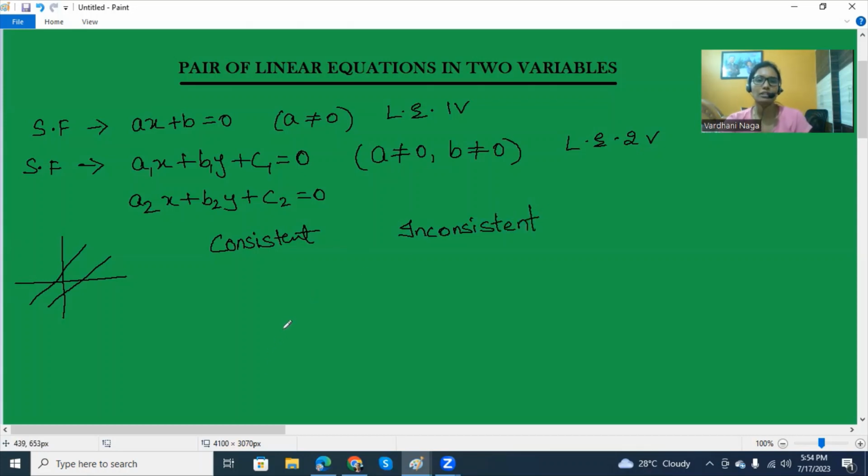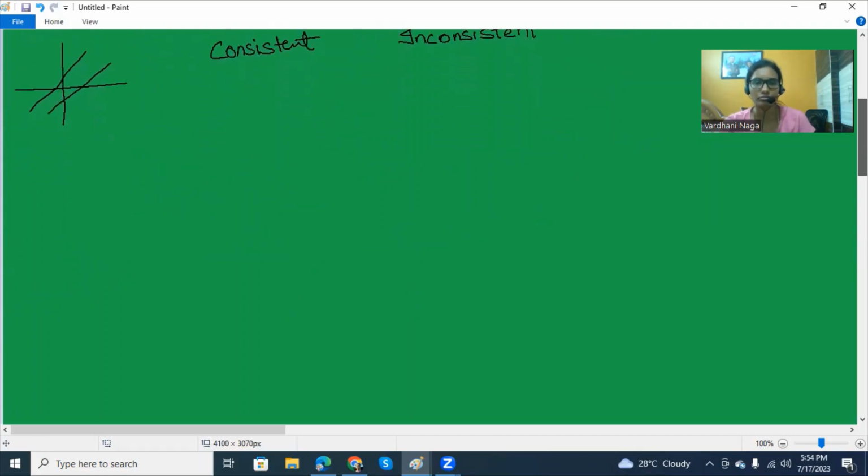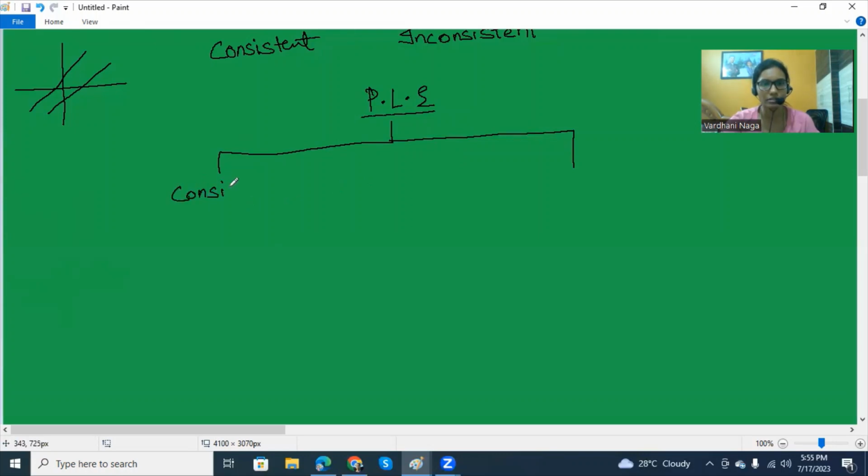Coming deeply to learning about pair of linear equations in two variables, I'll give an easy mind map to remember. Pair of linear equations: there are two types. One is consistent, another is inconsistent.